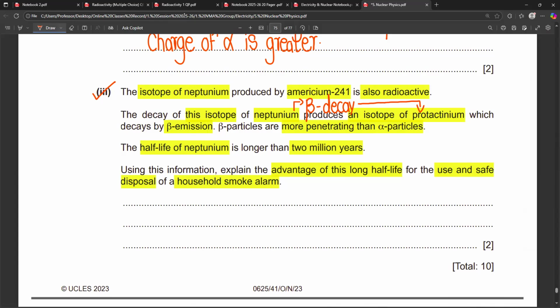So the first thing is correct, that we have less number of emissions of radiation per unit time.